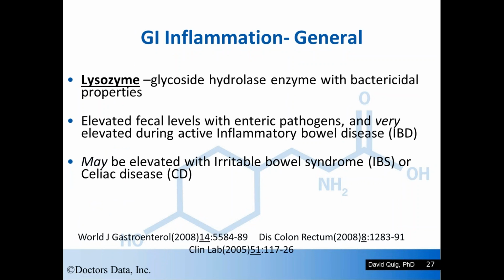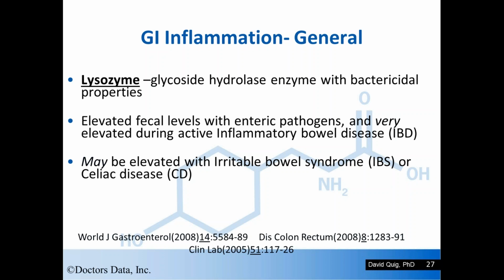So for our gastrointestinal inflammatory markers, a general marker of inflammation is lysozyme, which is a glycoside hydrolase enzyme with bactericidal properties. It's elevated in stool with enteric pathogen, very elevated during active inflammatory bowel disease, IBD. It may be elevated with irritable bowel syndrome, but that's not necessarily always an inflammatory condition.